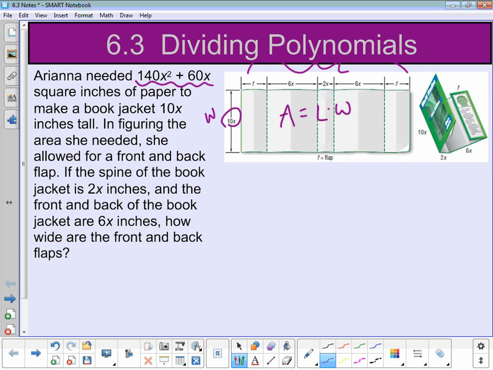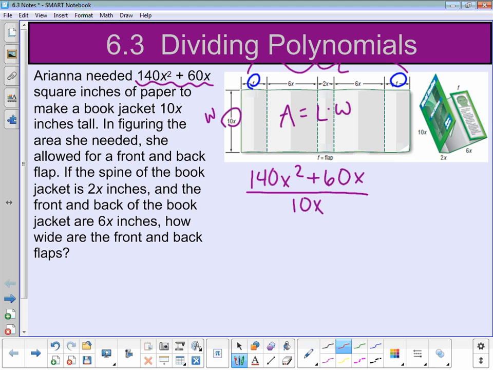So what I need to do is take the area and divide it by the width so that I can get the length left over. So my area is 140x squared plus 60x, and I'm going to divide out the width. Because if I divide out the width, I'll get the length that's left over, and then that can lead me to these flaps that I'm trying to find.